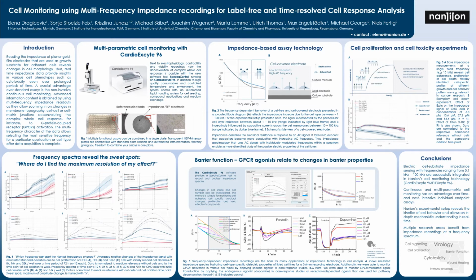Nanion's experimental setup reveals the kinetics of cell behavior and allows an in-depth mechanistic understanding in real time. Multiple research areas, such as cell signaling, cell proliferation, virology, barrier function, cytotoxicity, wound healing, or immuno-oncology, benefit from impedance recordings at a frequency spectrum.